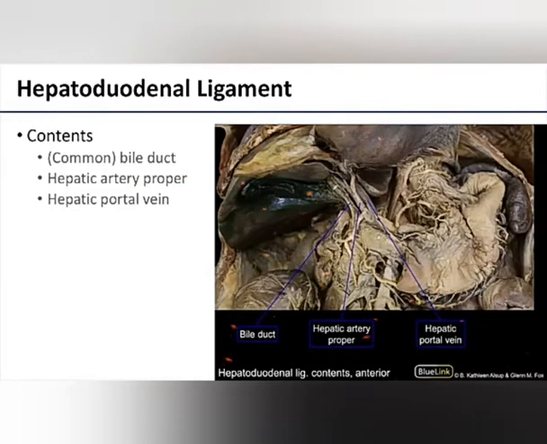Shown here are the contents of the hepatoduodenal ligament, keeping in mind that the hepatoduodenal ligament is going to connect the liver adjacent to the gallbladder with the duodenum.